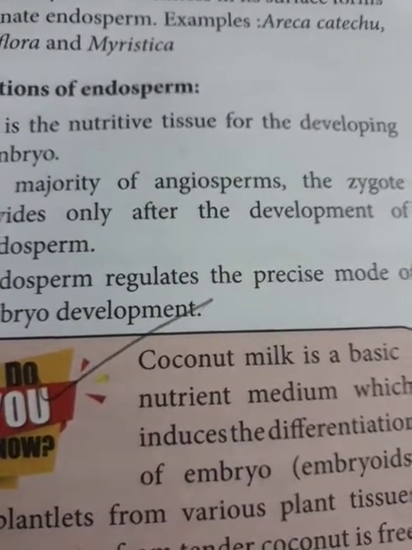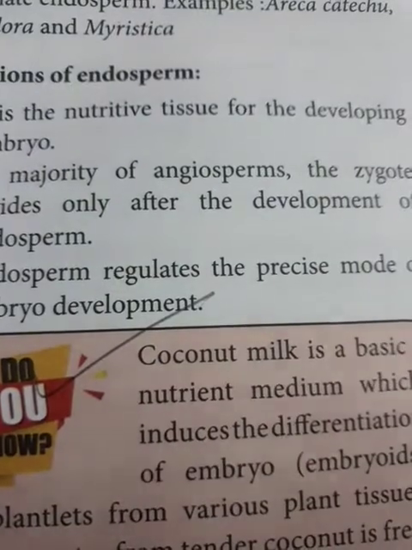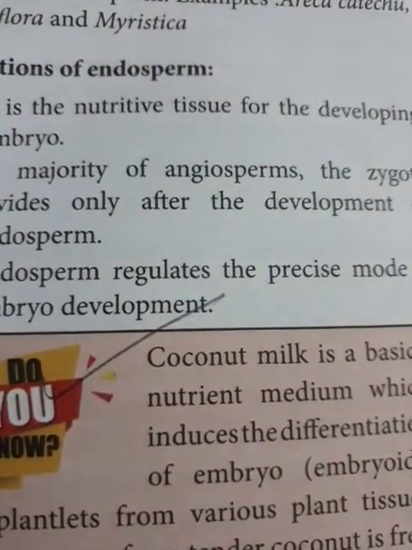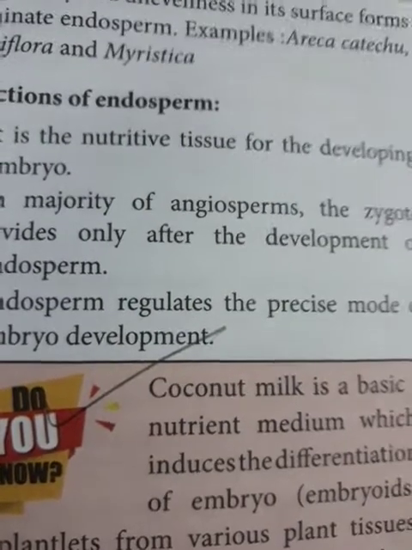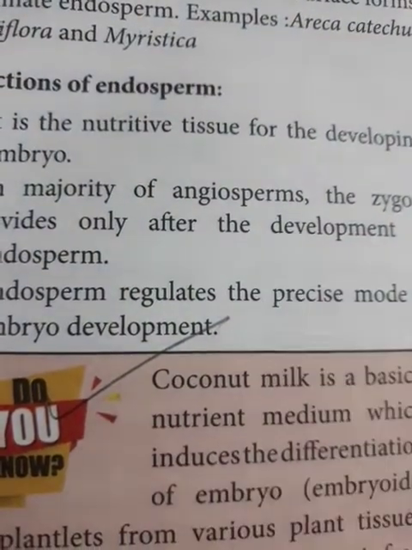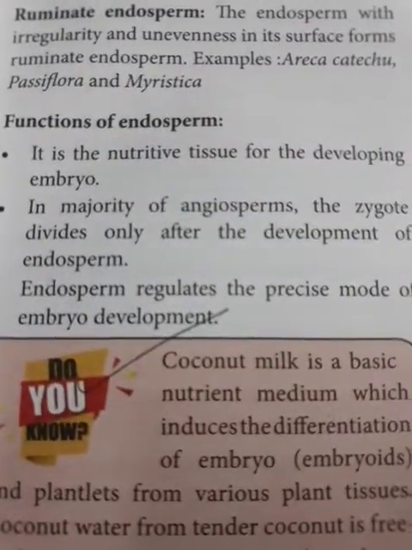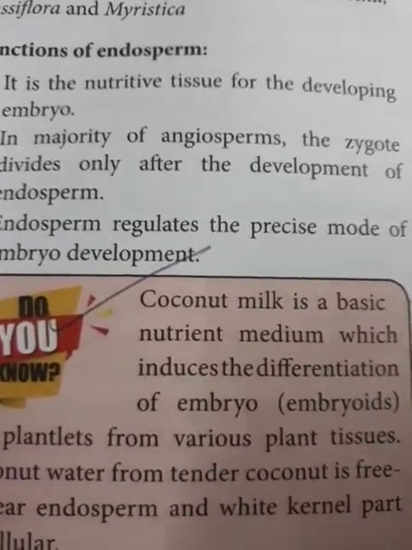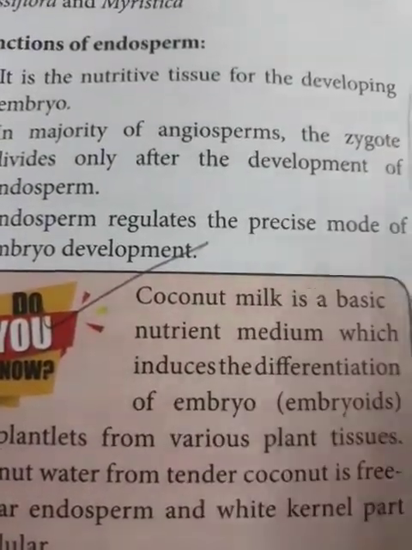The developing embryo needs food supply, and endosperm should be kept ready. So endosperm development takes place before the zygote starts to divide. Third point, endosperm regulates the precise mode of embryo development. So these are the three functions for 2 marks questions.